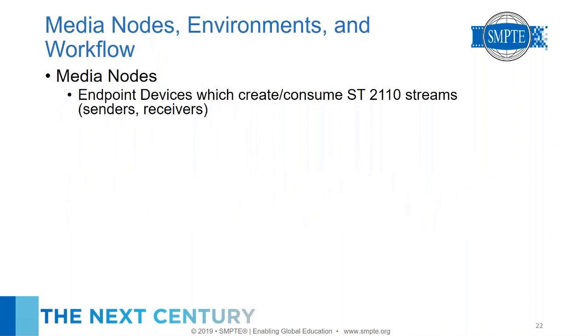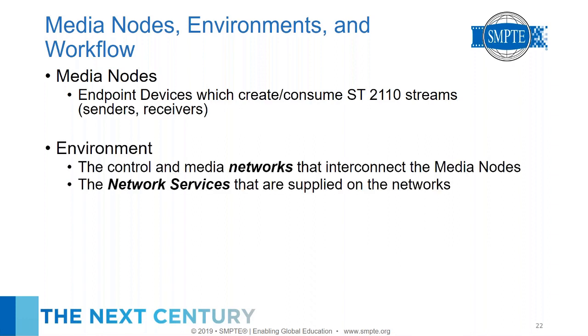Now, some terminology that we use. We talk in this document about media nodes. Well, a media node is anything that creates or consumes 2110. In some of the AMWA specs, we call those senders and receivers, but generically here we'll call them media nodes. And I use the word environment because a media node lives in an environment.